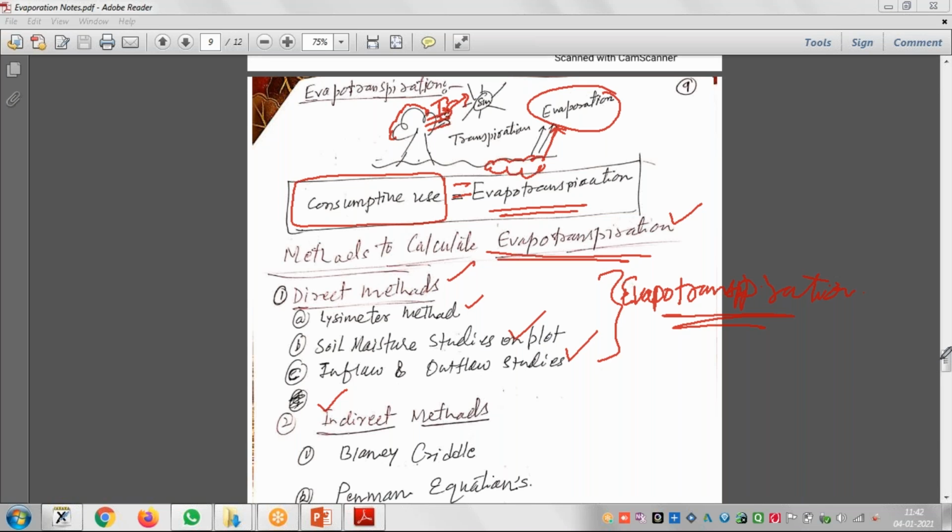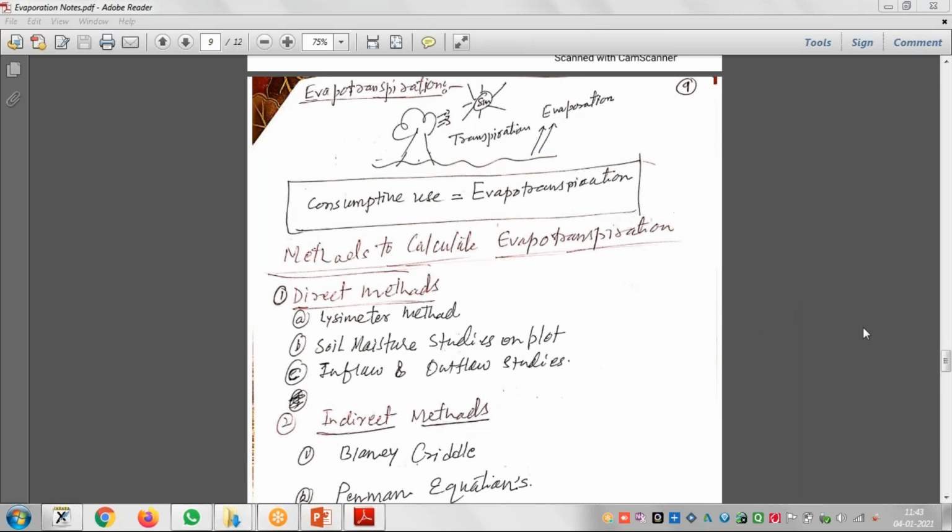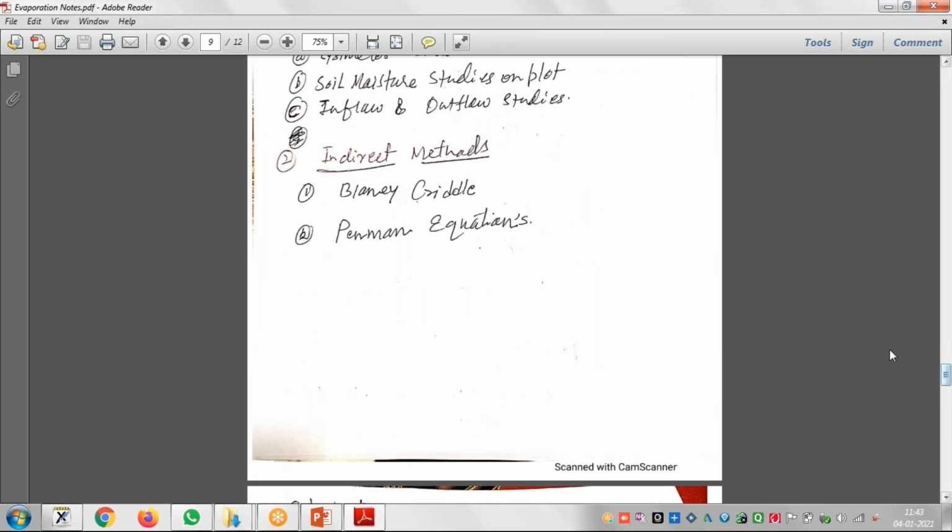Some indirect methods are also given: the Blaney-Criddle method and the Penman equation. These are indirect methods for calculating the evapotranspiration.